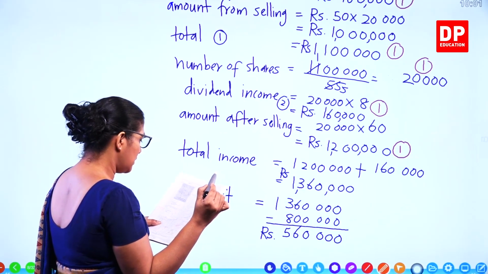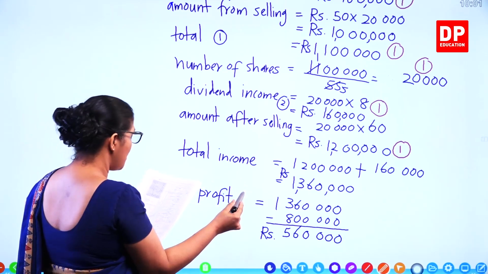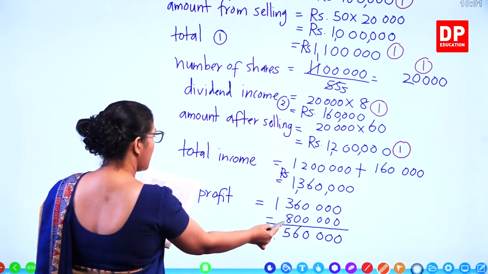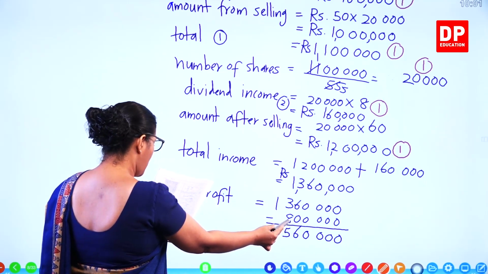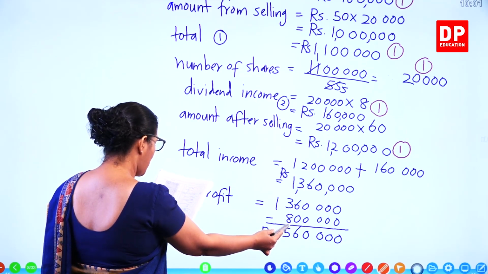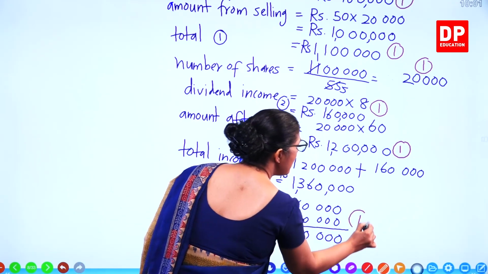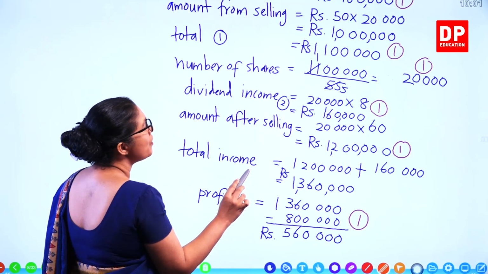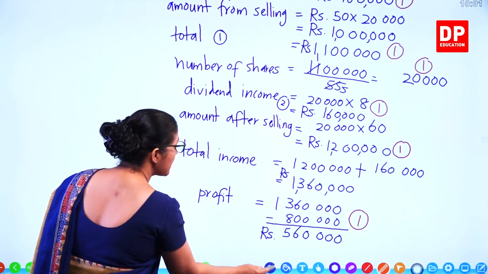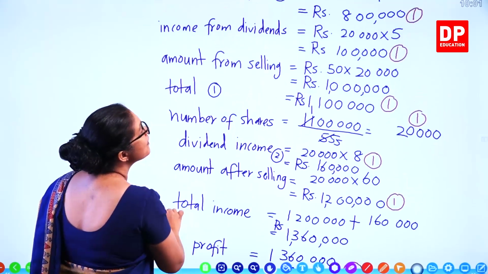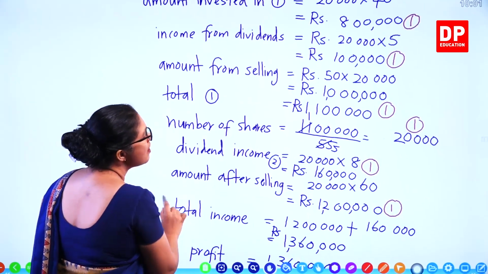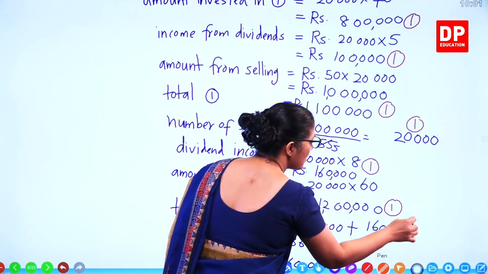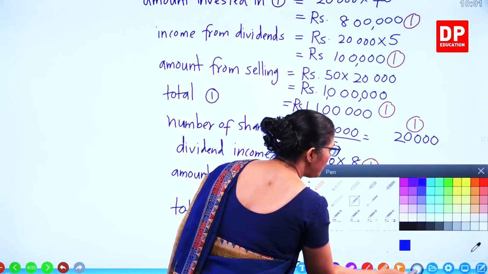And the total, and subtract the invested amount, you get another 1 mark. Now see whether altogether 7 marks for this question. 1, 2, 3, 4, 5, 6, 7. So 7 for this part. So let's see the next one.